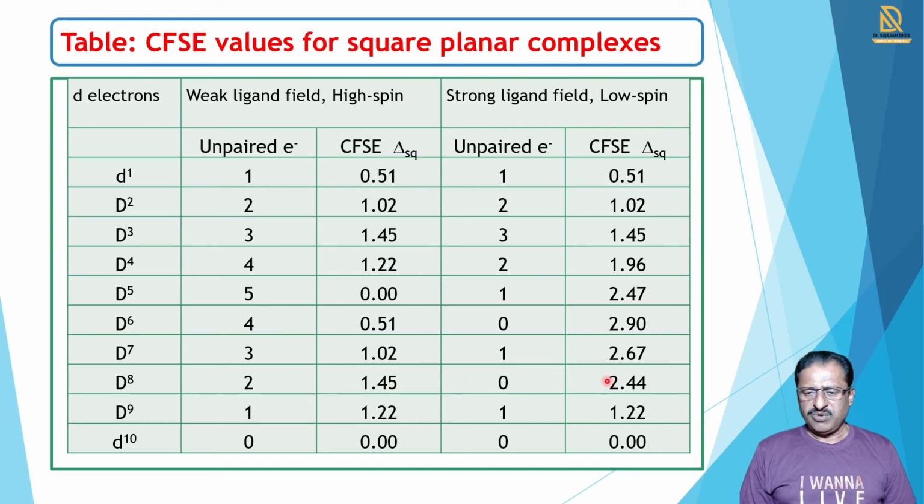In the strong field complex, 2.44, and here unpaired electrons are 0. In the d9 case, CFSE in the weak field complex is 1.22, and in the strong field also 1.22. So d9 and d10 values are the same. These are the values of crystal field stabilization energy for square planar complexes.